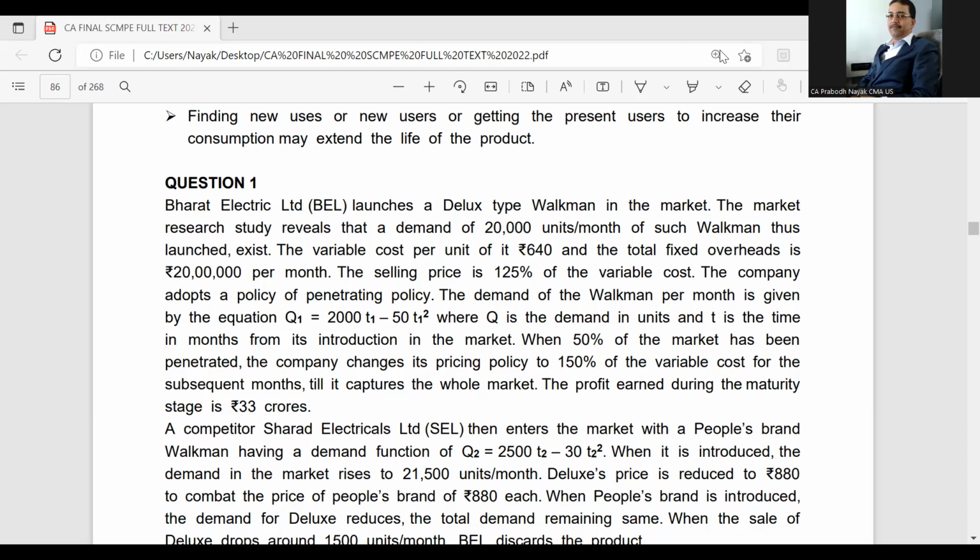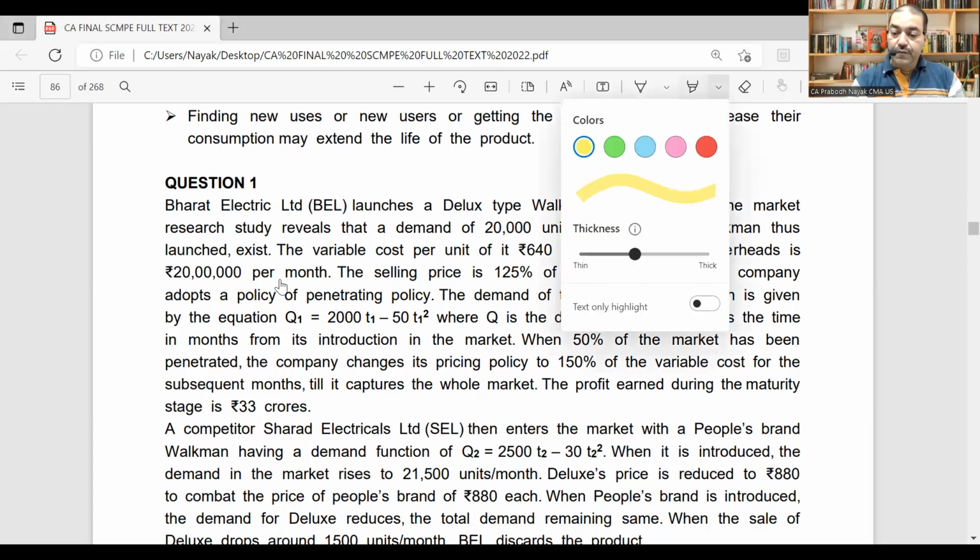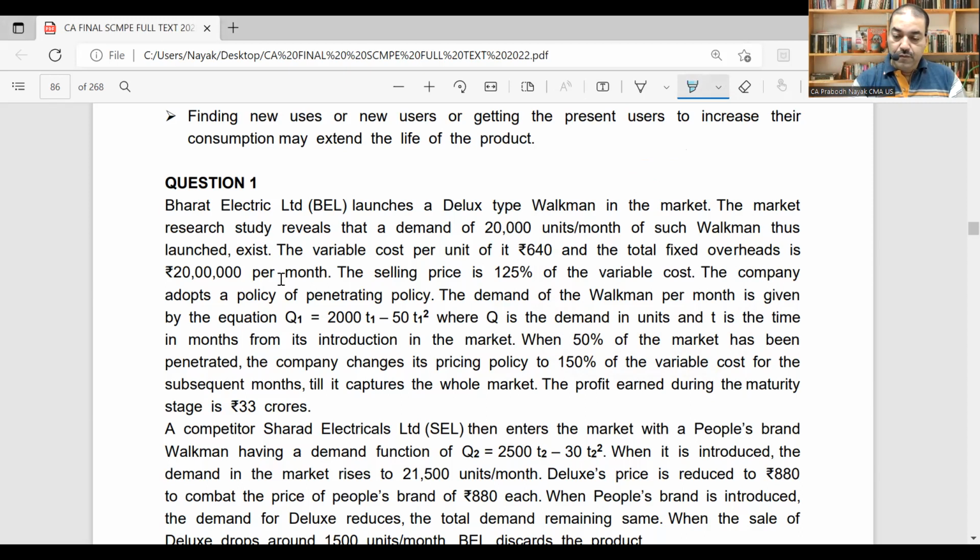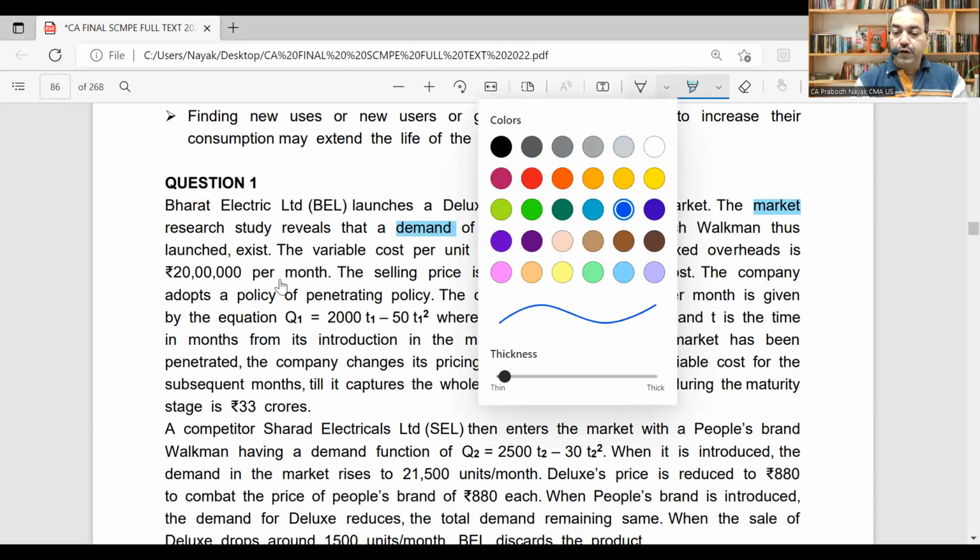Okay, what they have given is total demand of 20,000 units. So just highlight that 20,000 units. This is your total market demand. This is going to be important for us when we are solving the problem.